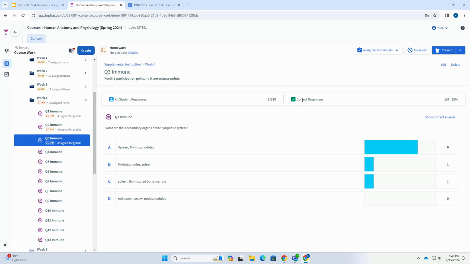Okay, I'm going to ask you guys this. What are the two primary organs of the lymphatic system? Does anyone remember? Okay, so the primary organs were red bone marrow and the thymus.